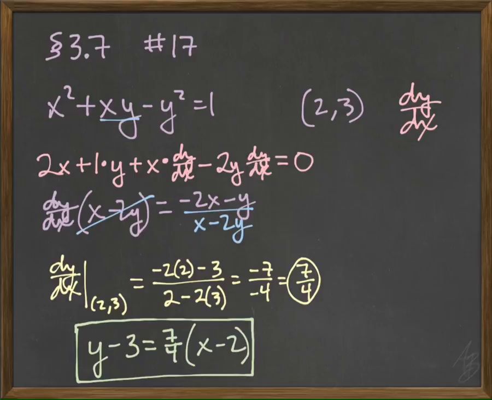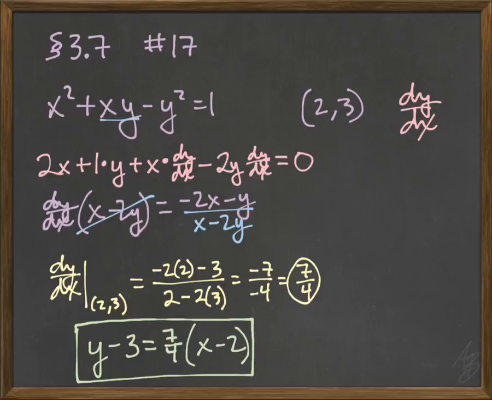Now, if they had it in slope-intercept form, you would get y equals 7/4 x minus, what would that be? 1/2? Yeah. Okay, so that's the equation of the tangent line.